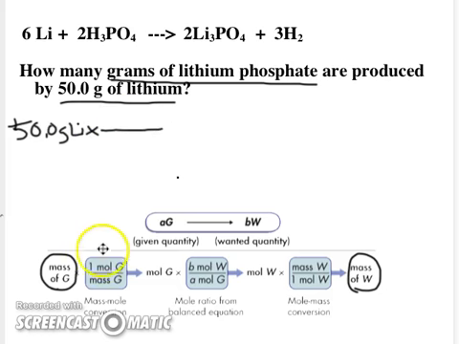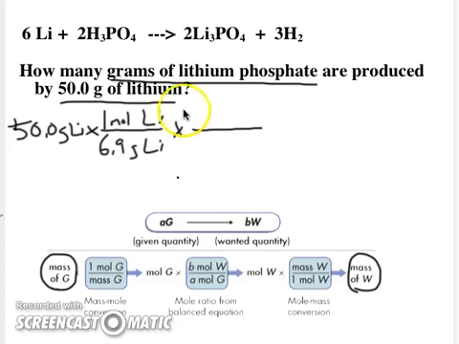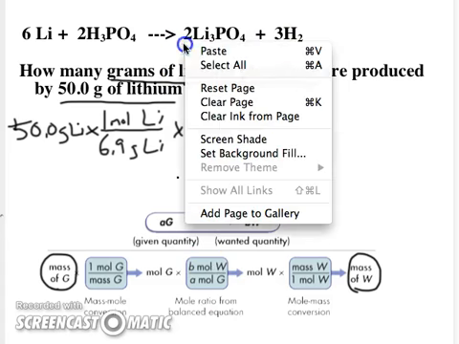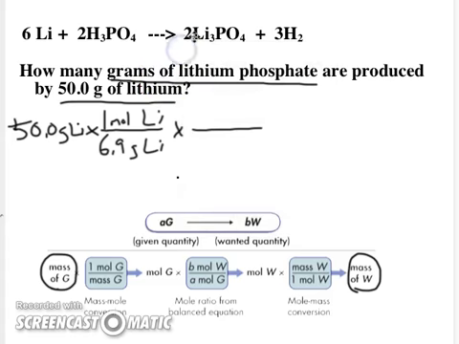Okay, set up our first conversion factor, and this is the setup right there. So it's 1 mole of lithium, and then the molar mass goes right there, 6.9 grams.